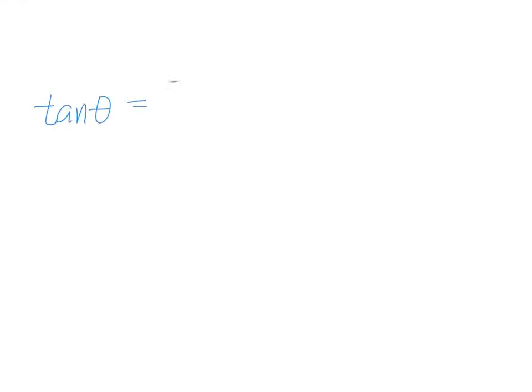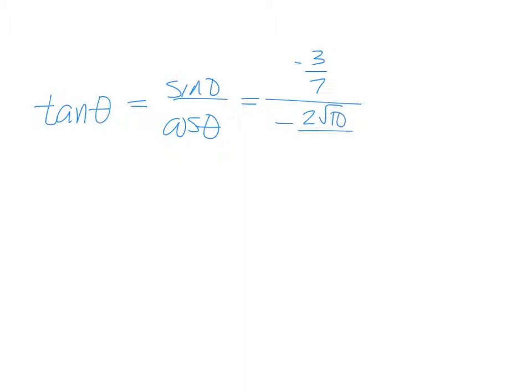Tangent theta is sine theta over cosine theta. We know that sine theta is negative 3/7. Cosine theta is negative 2 root 10 over 7. The denominators cancel out, and I'm left with negative 3 over negative 2 square root of 10.